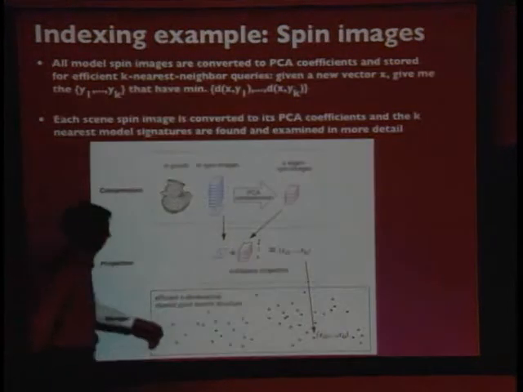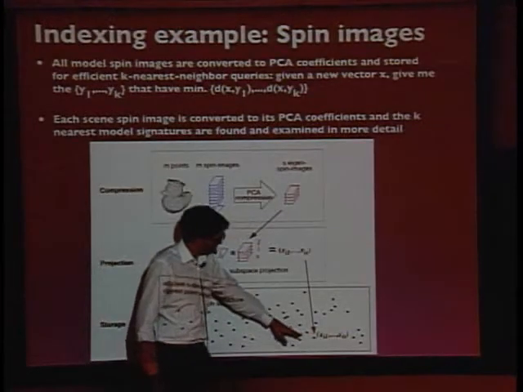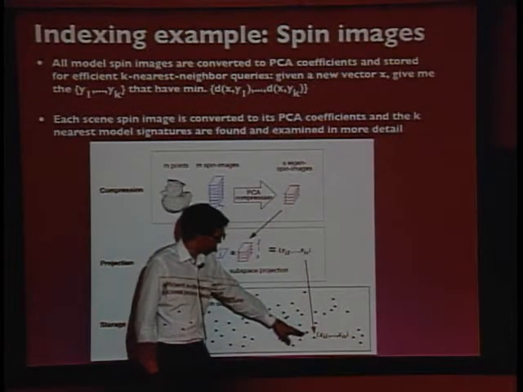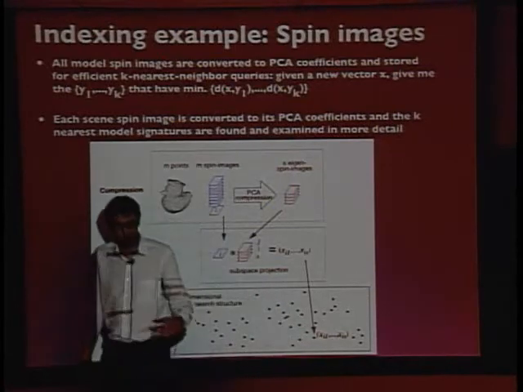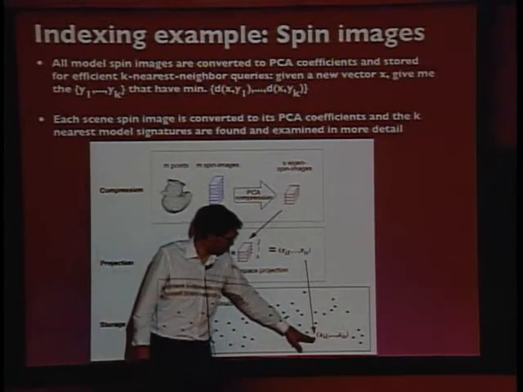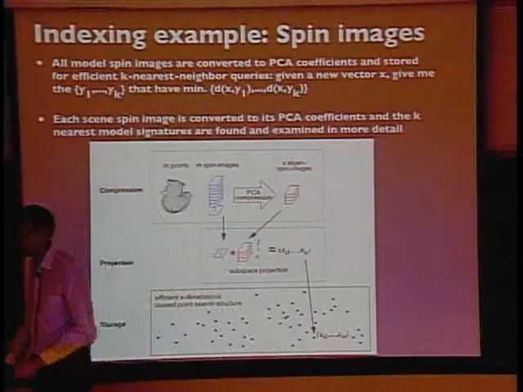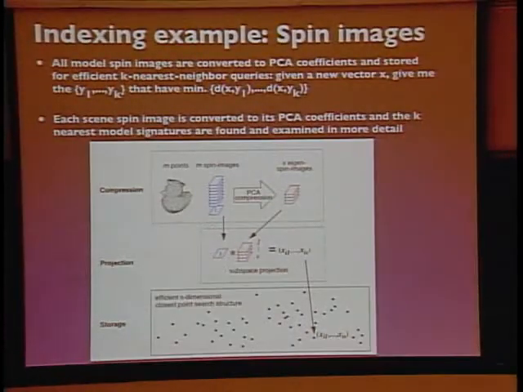And then it should be clear that if you find other eigenspin image vectors that are close to the one that you're querying on, you can use that to get a sense of who this point in the scene might correspond to in terms of models.